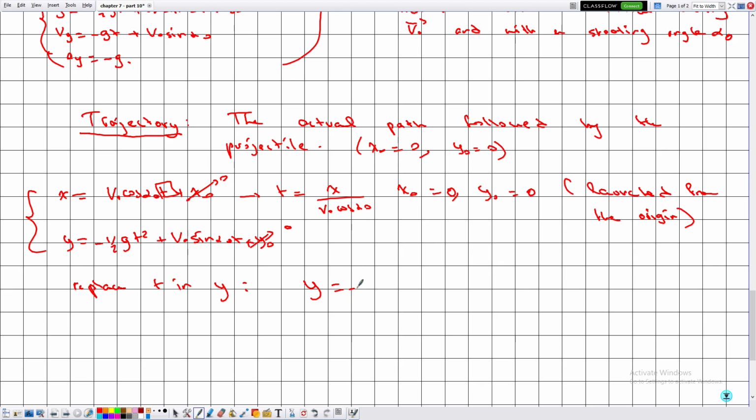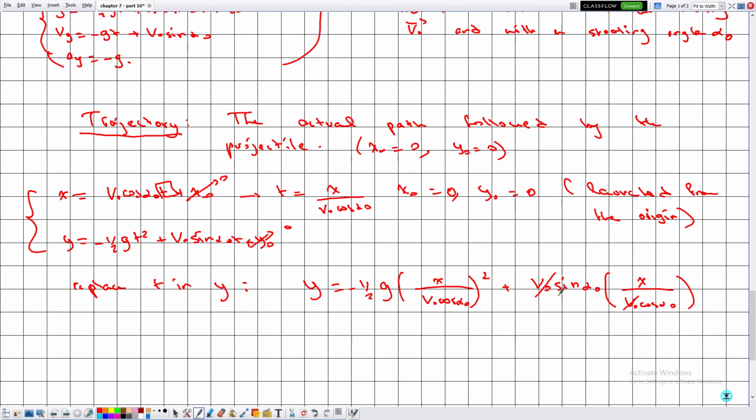So I'll have y is equal to minus half g times x divided by v0 cosine alpha 0, to the power 2, plus v0 sine alpha 0 multiplied by t, which is x over v0 cosine alpha 0.